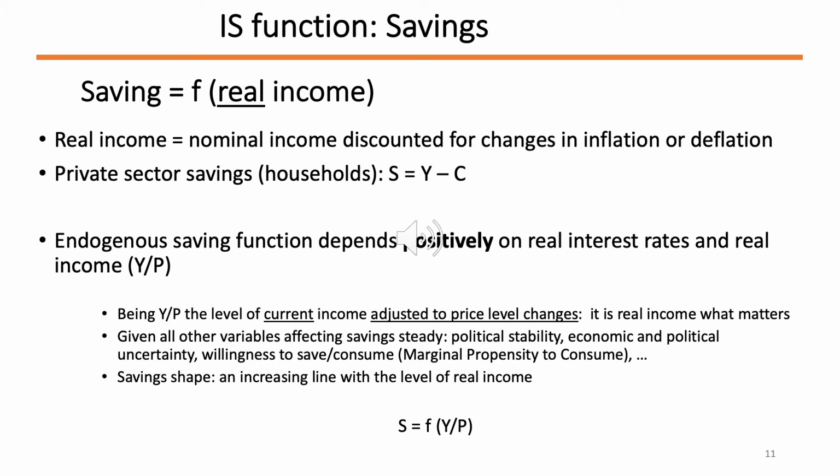Given that all the other factors affecting savings are steady, so for example, political and economic stability, the level of uncertainty in the economy, the willingness to consume or to save, what we call the marginal propensity to consume or to save. Given that all these variables are steady, we can draw a line for savings as a function of real income. That's what we will see in the next slide.